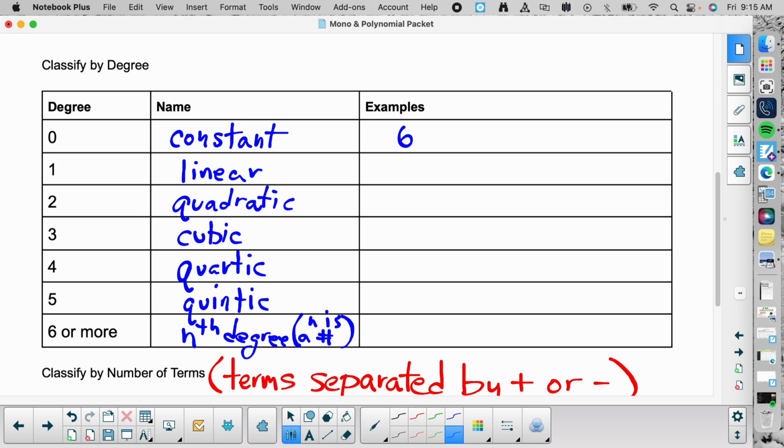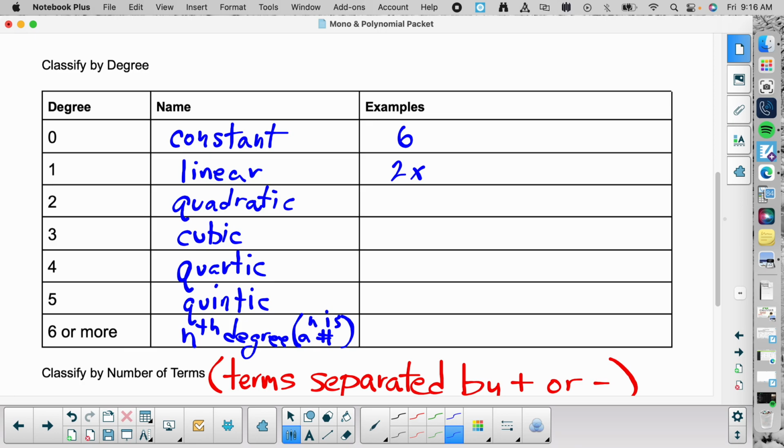Linear is going to be 1st power. We're going to call this 2x. Okay, Jack, my actual question from this though. Do you remember what the power is on a letter when the power isn't shown? You should, we just took a test on it.